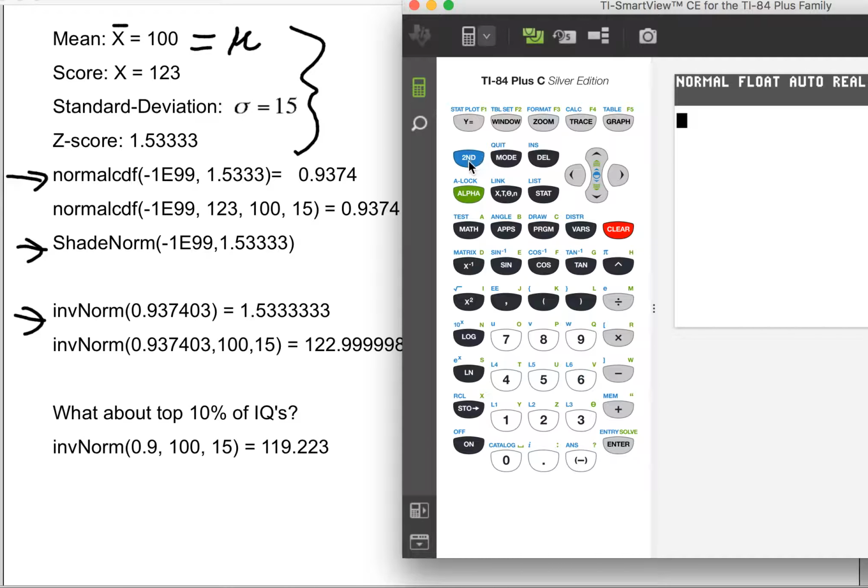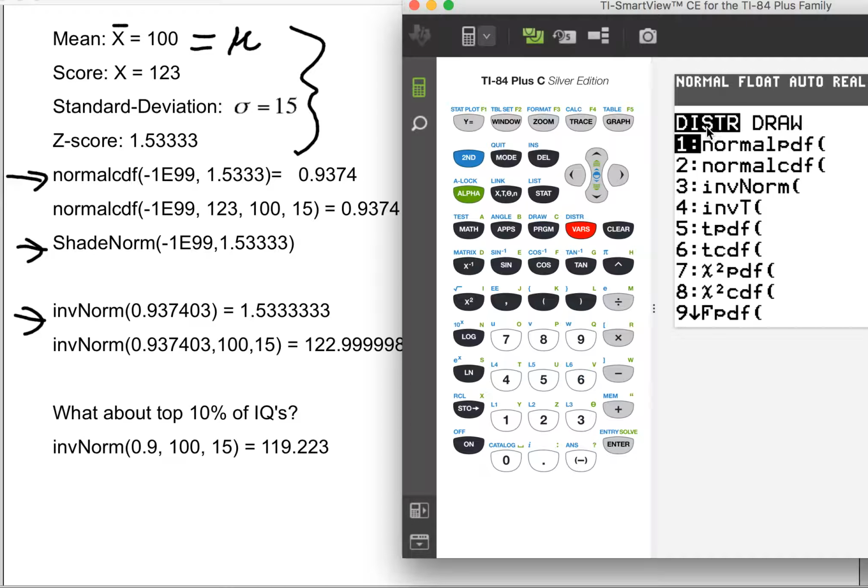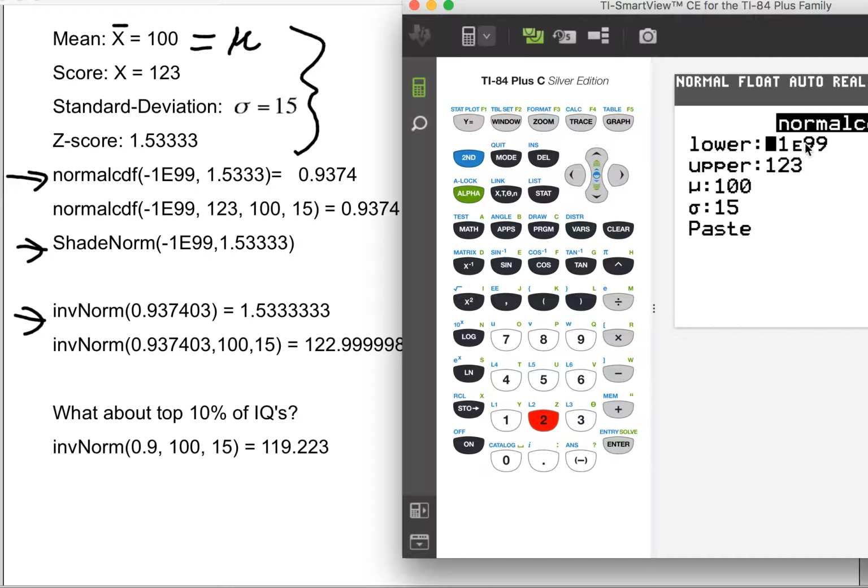Normal CDF is found by hitting second and var, so you get the distribution command, and choosing 2. And the normal CDF starts at the smallest number you can type into a TI, which is -1 times 10 to the 99th. You'll find it right down here. There is the EE right above there. It comes up like an E, but on your calculator it says EE.